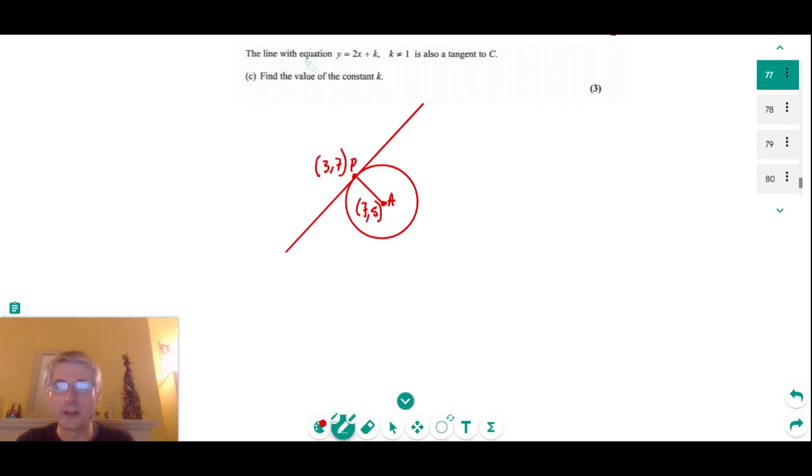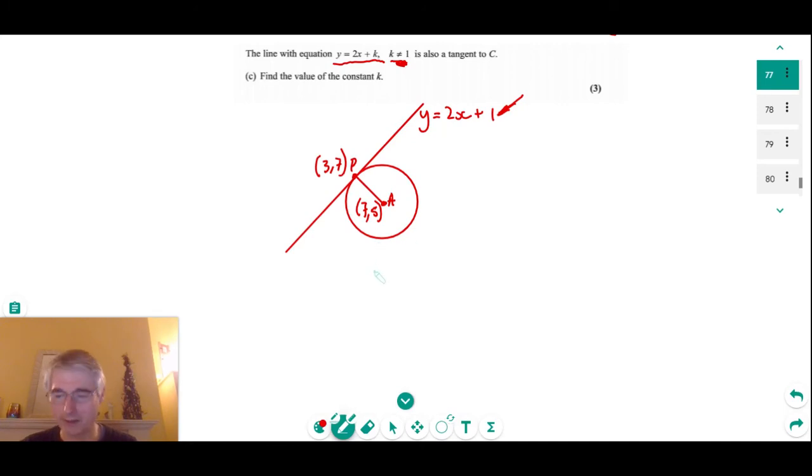What we're told is that there's another line now, y is 2x plus k, where k is not equal to 1. So the one we were looking at previously is y equals 2x plus 1. But we've now got another line which is also a tangent to C. If the number at the end is different, so k does not equal 1, but it's still a tangent, it's going to have the same gradient as this line.